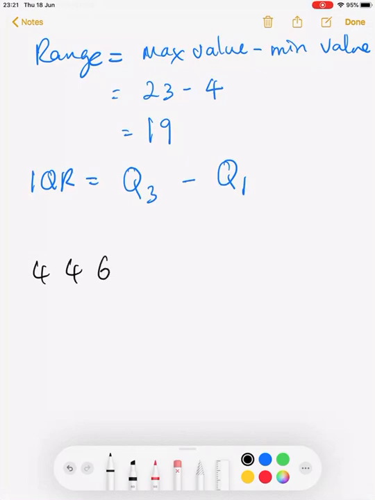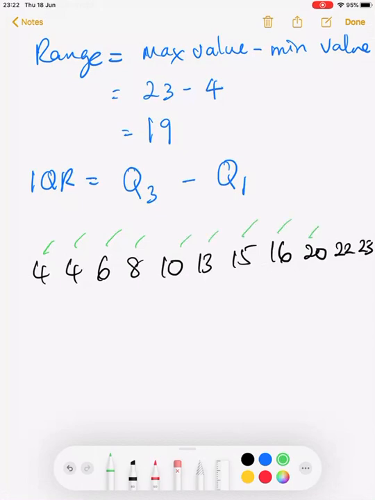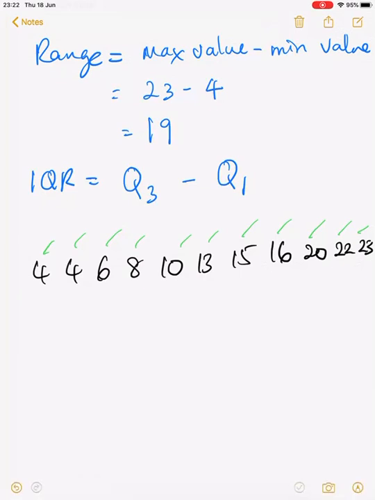4, 4, 6, 8, 10, 13, 15, 16, 20, 22, 23. So 11 values, and 5 on each side of the middle.